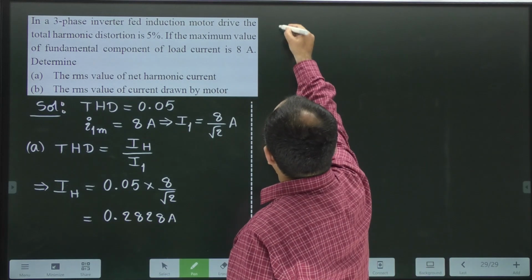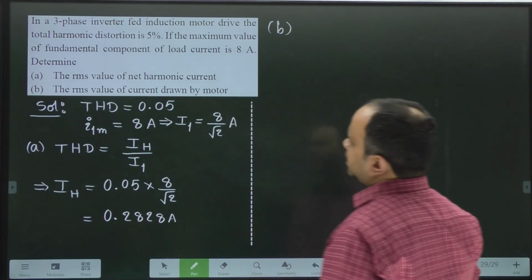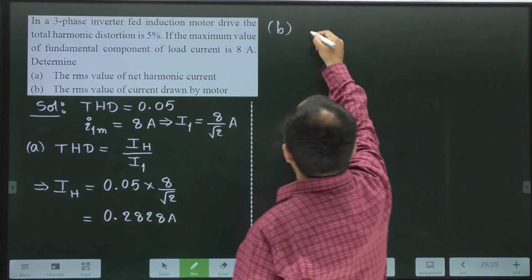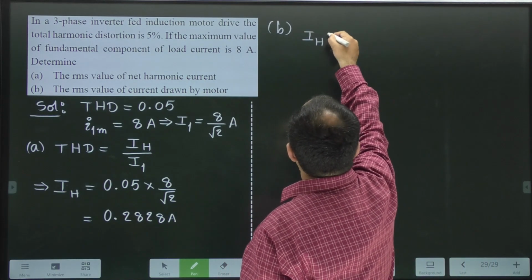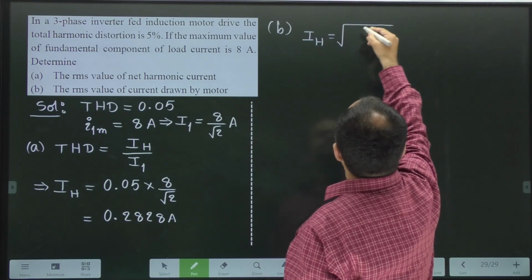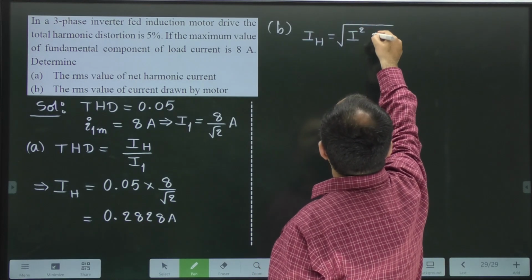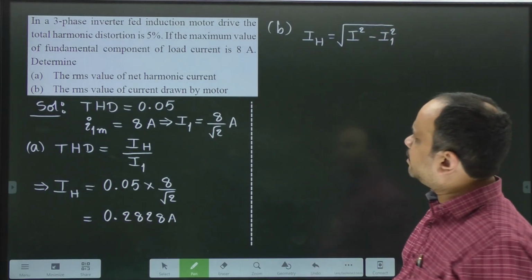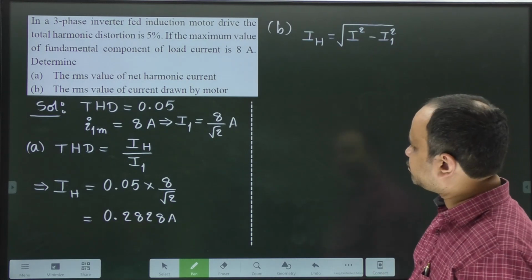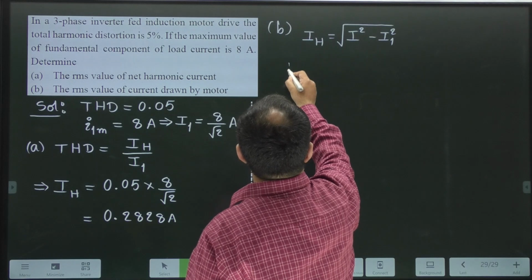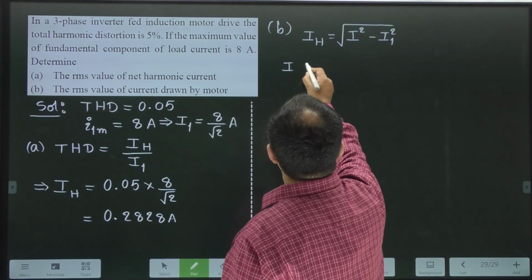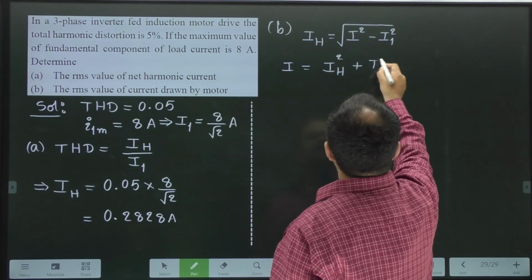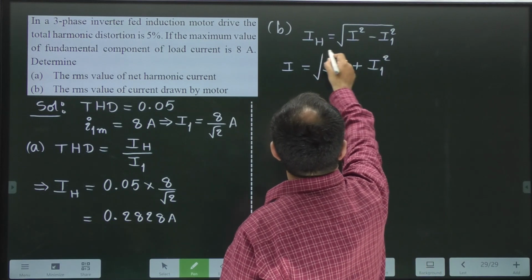Next question, B. RMS value of current drawn by the motor. If you look into IH, the RMS value of the harmonic current is equal to the square root of I square minus I1 square. Okay. Therefore, from this, I is equal to the square root of IH square plus I1 square.